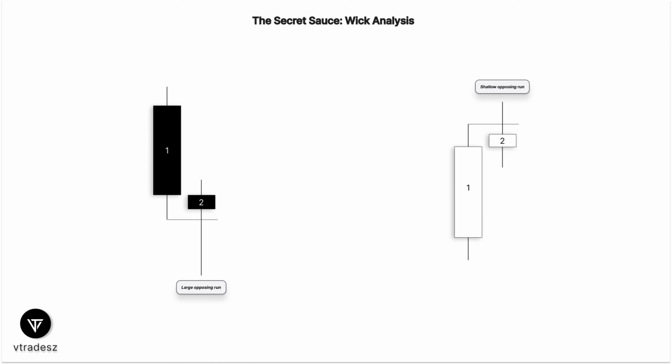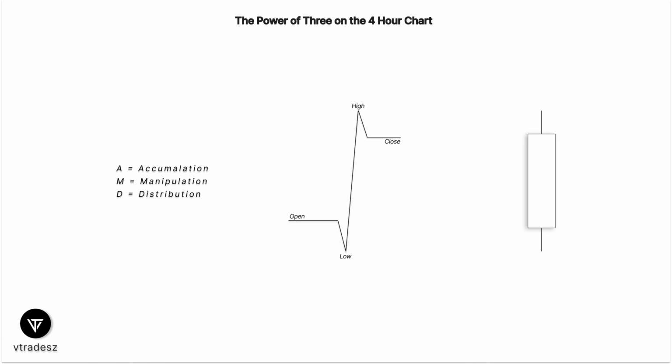It tells us that the manipulation is done and we have plenty of fuel left to blast off. In this case, you can trade immediately within that same candle because it is both a reversal candle and an expansion candle.